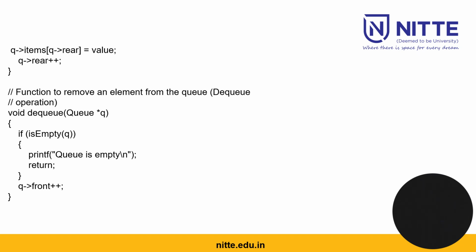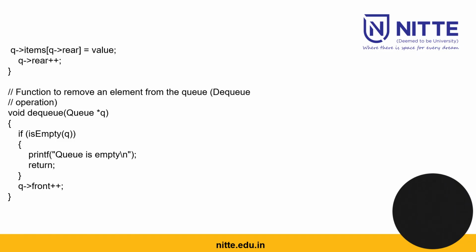Otherwise, what will we do? We will assign the value at the items of Q implies rear. Okay, wherever the Q implies rear is in the array items, there I will insert this value. So Q implies items of Q implies rear.